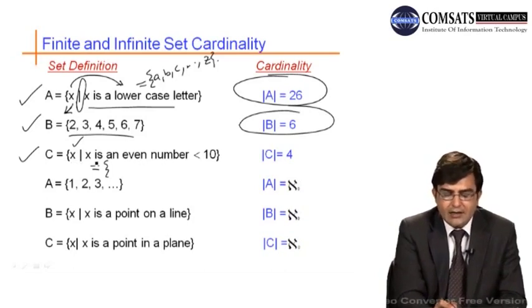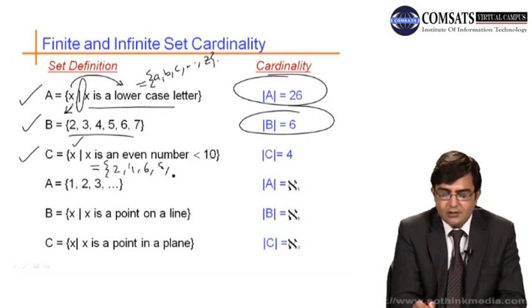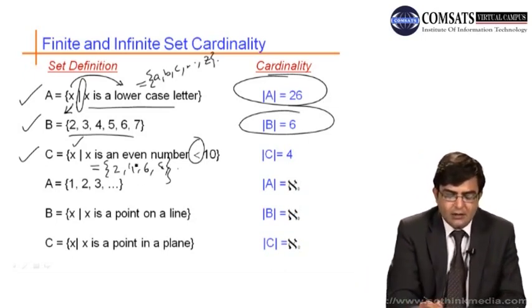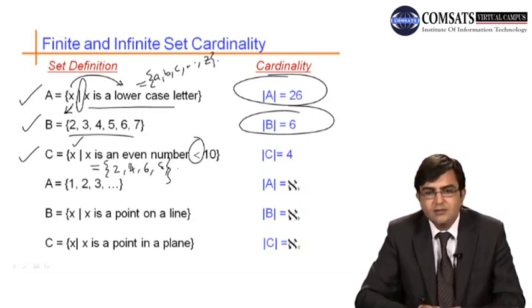All numbers which satisfy this condition will be in this set. So x such that x is an even number less than 10: 2, 4, 6, 8, because 10 cannot come here since we have less than 10. So this set contains these 4 elements, so the cardinality of this set is 4.